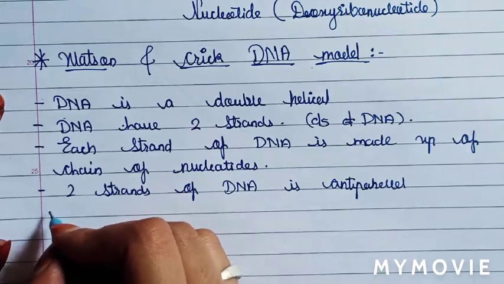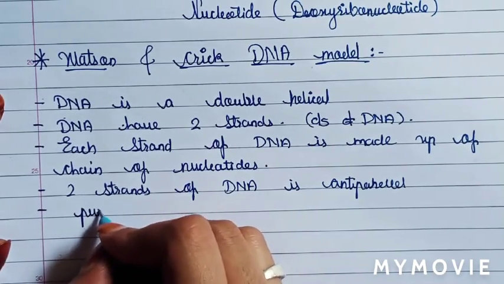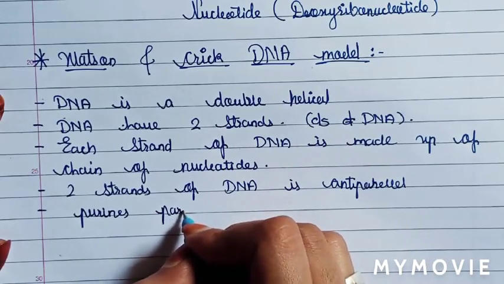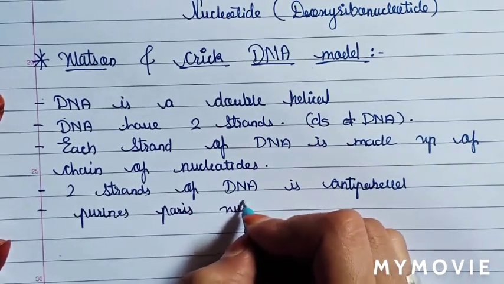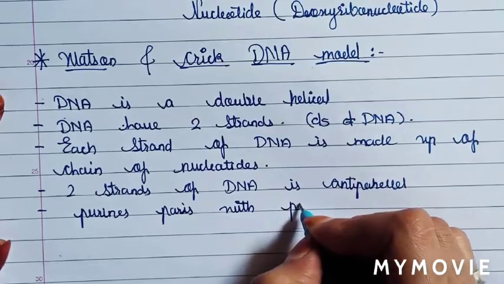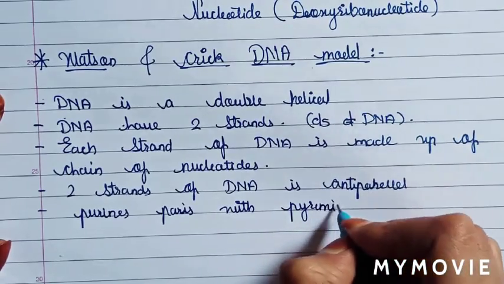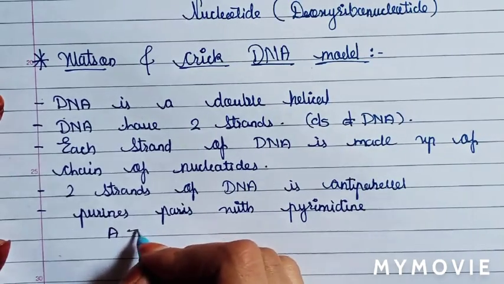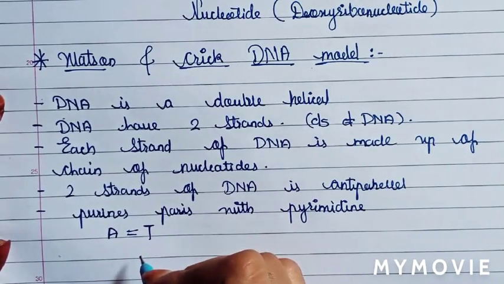So we will write here: purines pair with pyrimidines, meaning adenine pairs with thymine and forms 2 hydrogen bonds.